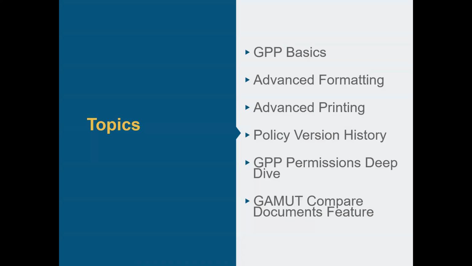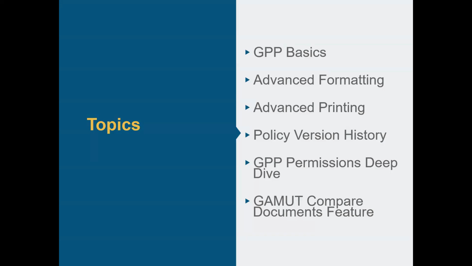So numbered lists, lettered lists, all kinds of the different tools that are within the editor. Advanced printing, which is just within the print feature, looking at how to print in different ways, in different styles, and for different scenarios.